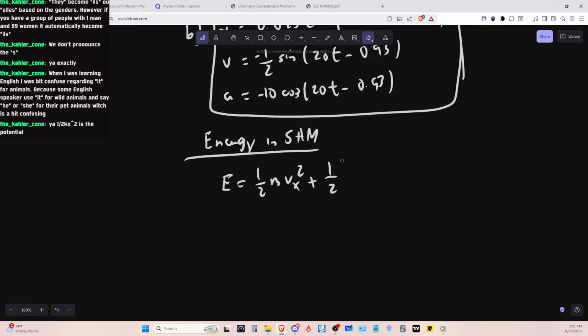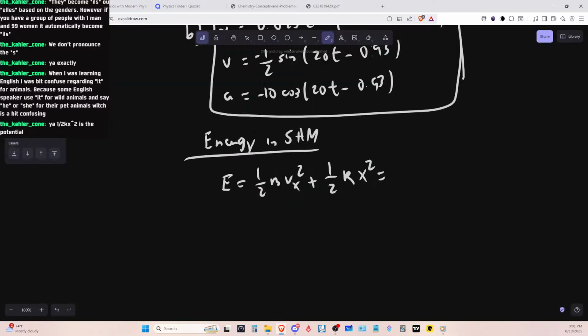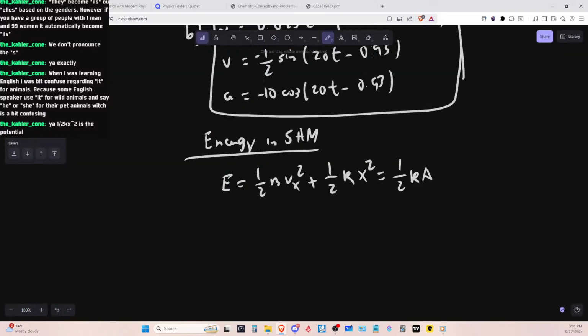It's supposed to be half k x squared. That is all equal to a constant.